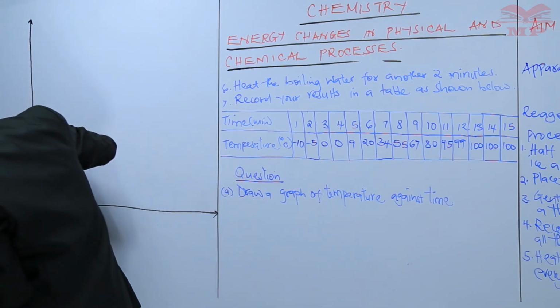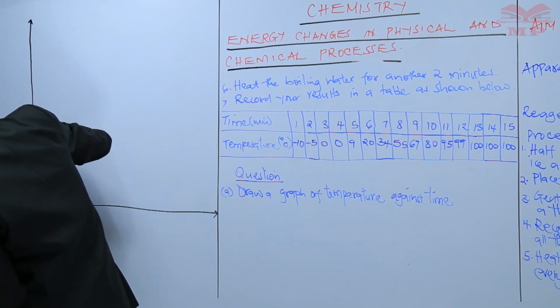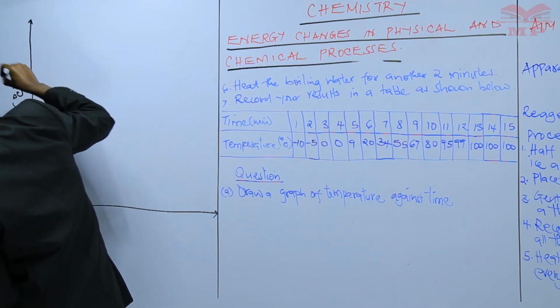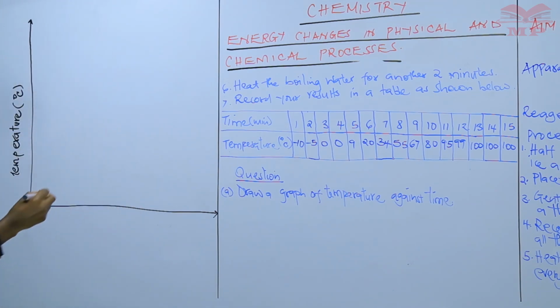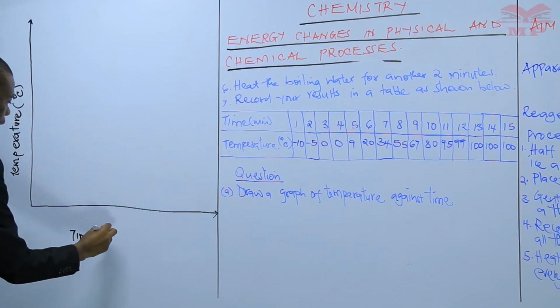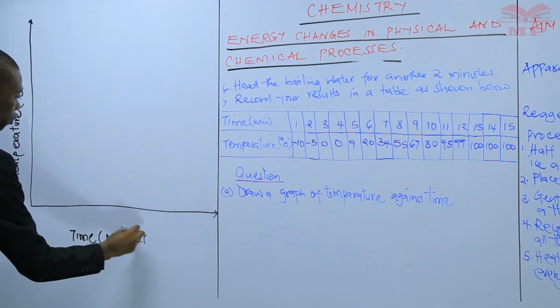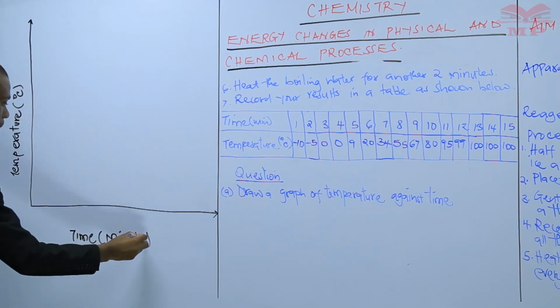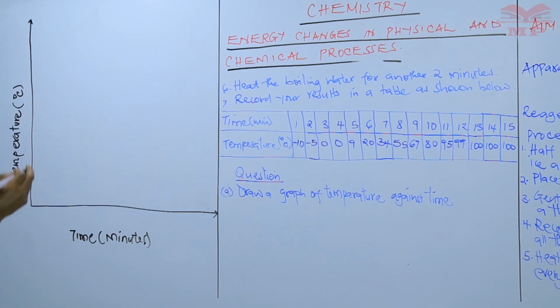So this is our temperature. And the units of temperature is degrees Celsius. In our x-axis, we have time. This time is in minutes. Those units are very important. You need to include them.